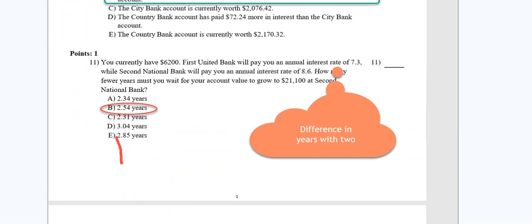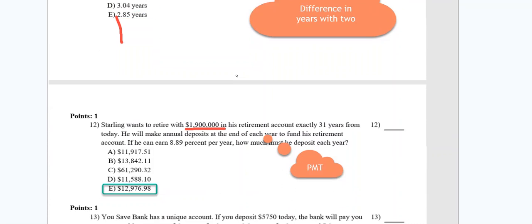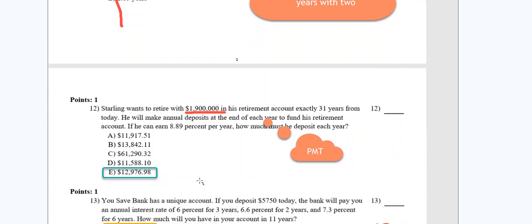And the last question, which most of you answered correctly, is about question number 12. I find some little problem. So it is again asking you to know how much must be deposited each year.